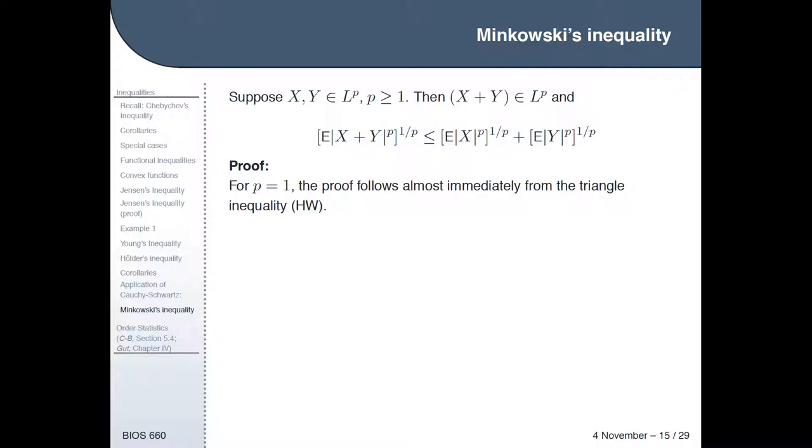For p equals 1, it follows almost immediately from the triangle inequality. In fact, I think it basically does follow immediately. If p is greater than 1, then it's a little bit hairier.